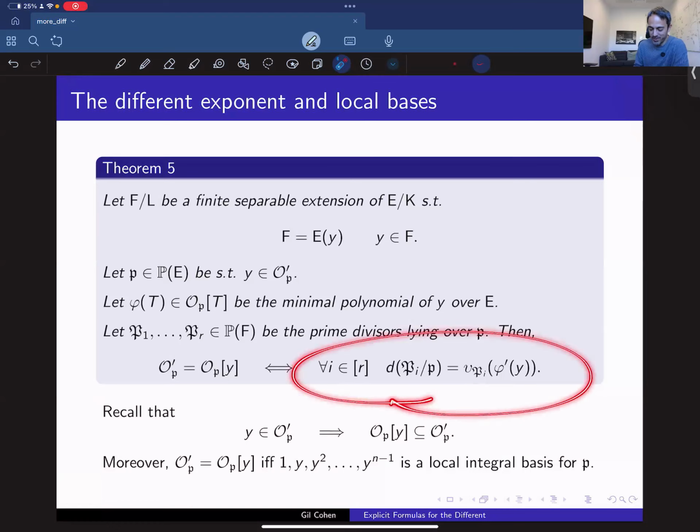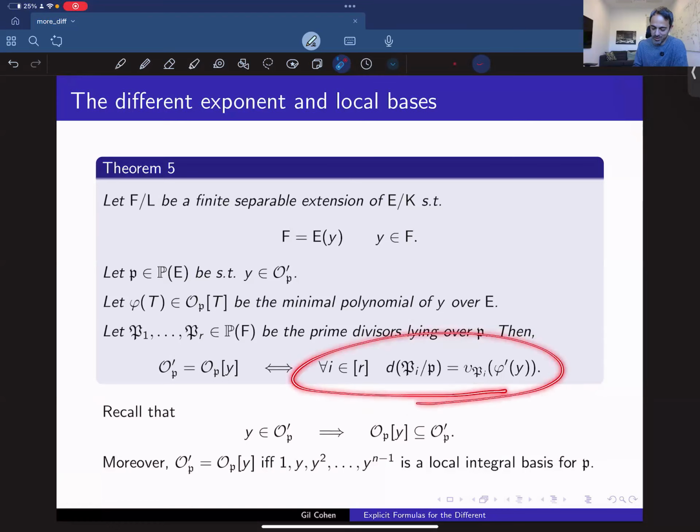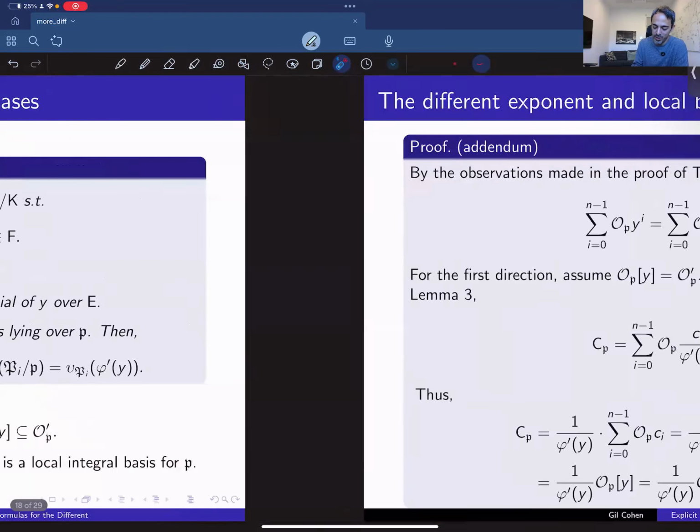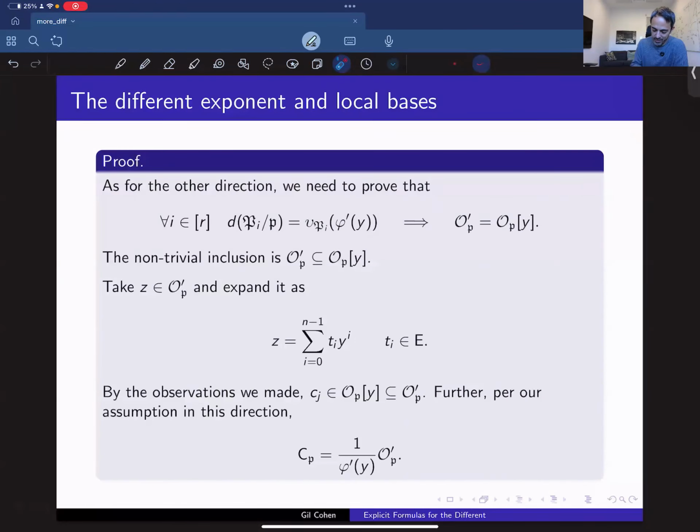It follows from our assumption. This assumption translates to the fact that the complementary module is precisely 1 over phi prime I. This is the corresponding TP, because to figure out the TP such that CP is TP times O prime P, you only need to know the valuations.